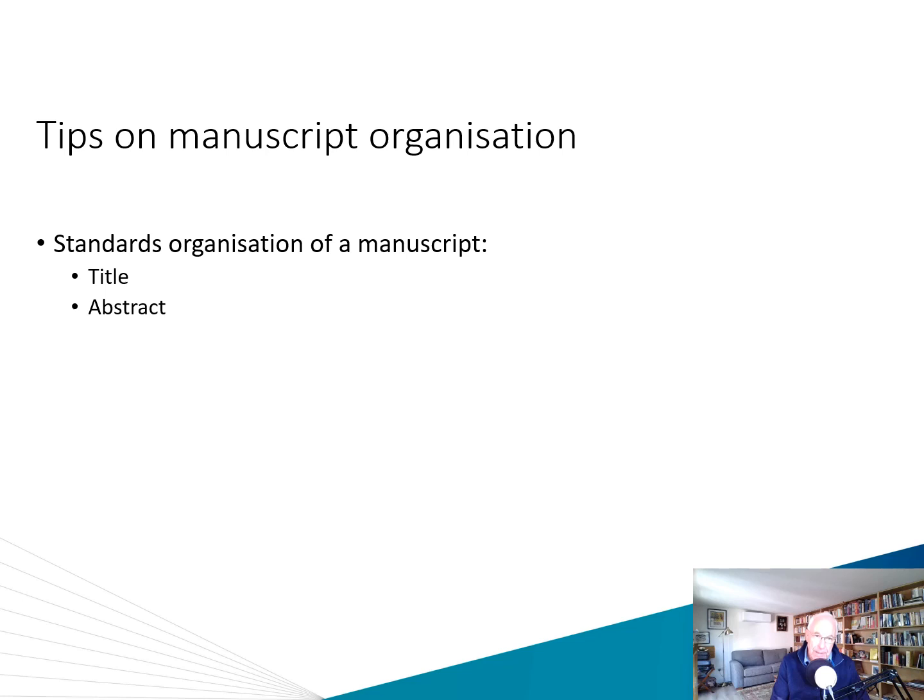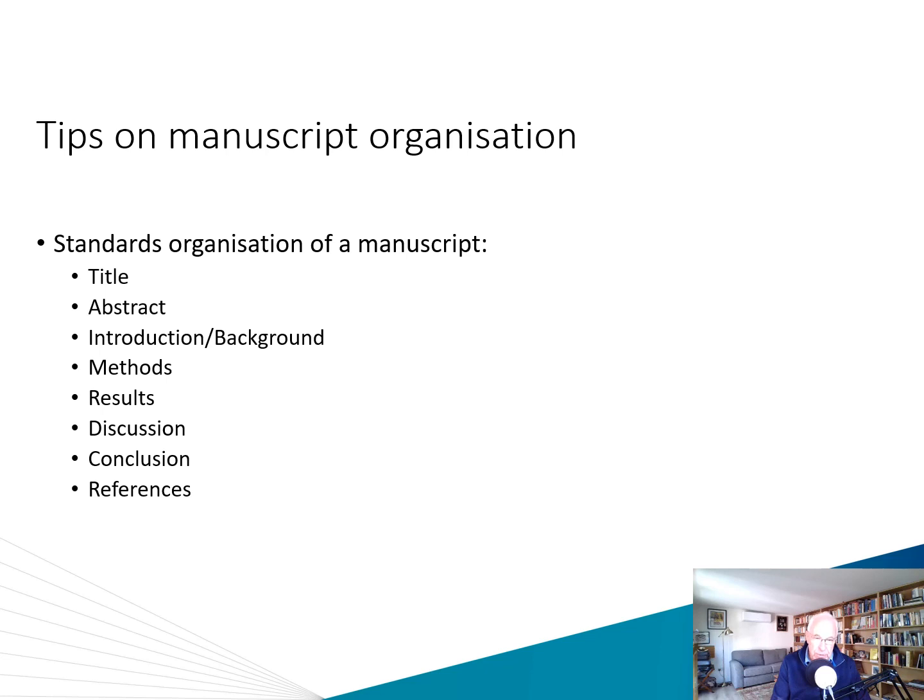They must have an abstract, then an introduction or a background, and perhaps both, a methods section, a results section, a discussion section, a conclusion, and of course following that at the end, a list of references.